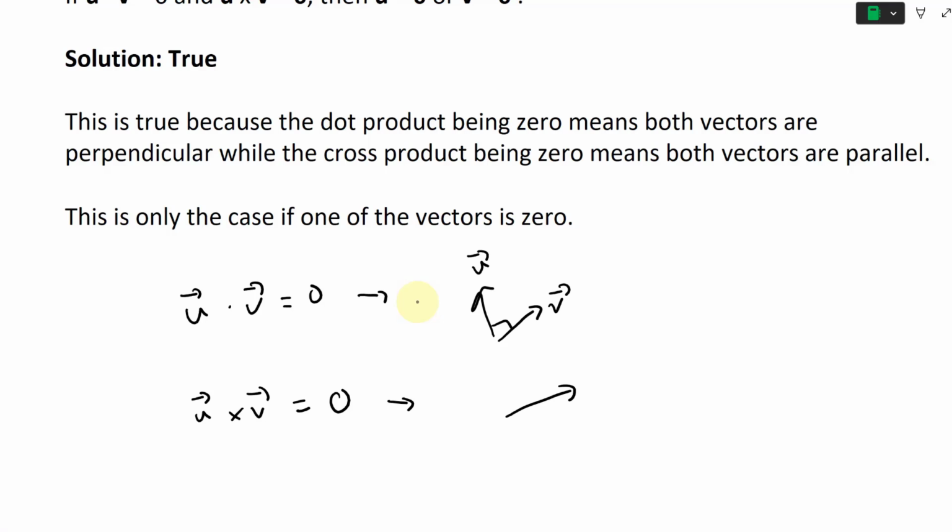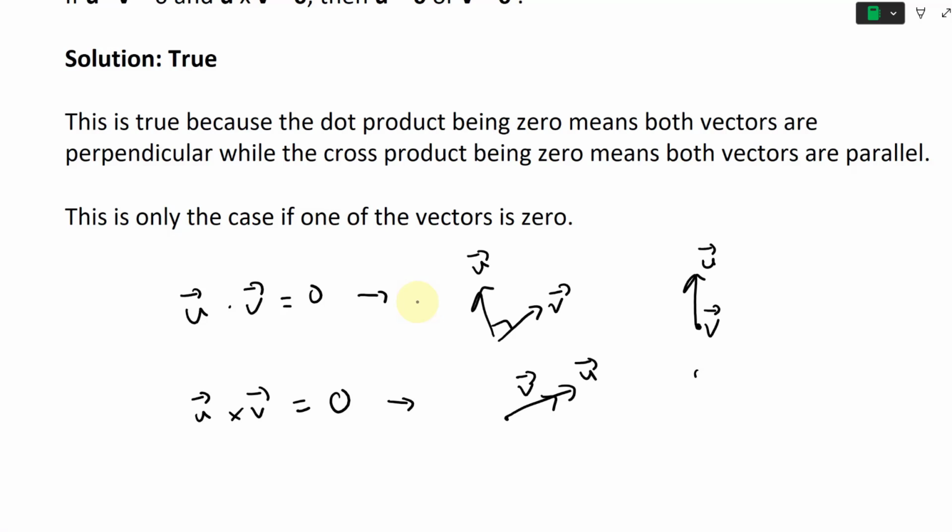So u and v are parallel. The only way you're going to have both of these is if at least one of them is a 0 vector. So you have a u like this, and then the v vector is 0. So it's perpendicular to it and parallel to it. That's the only way you can have it.